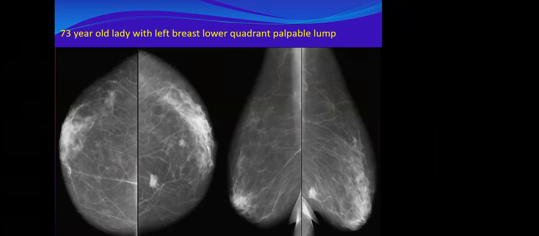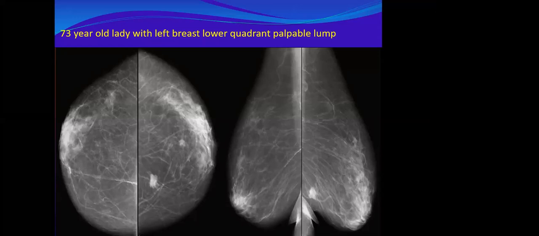Okay. At the left breast, the lower inner quadrant, posteriorly, there is a mass. Okay. Irregular. Excellent. Well done. Hyperdense.